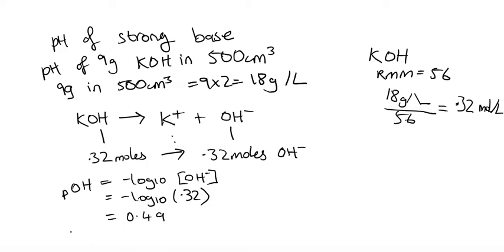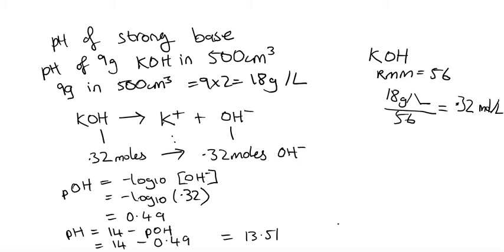Of course, the question doesn't end there because we were asked for pH, not pOH, and we know that pH is equal to 14 take away the pOH, which in this case is 14 take away 0.49, which gives me an answer of 13.51 for my pH.